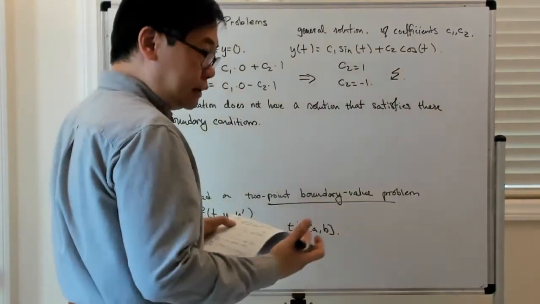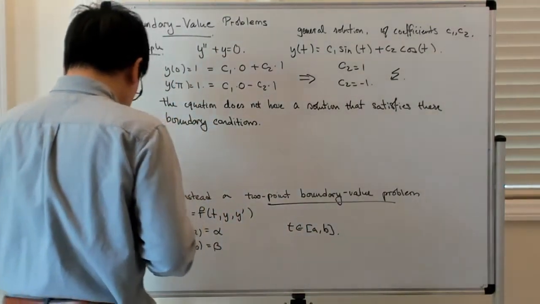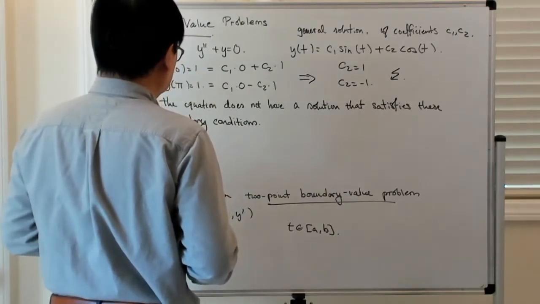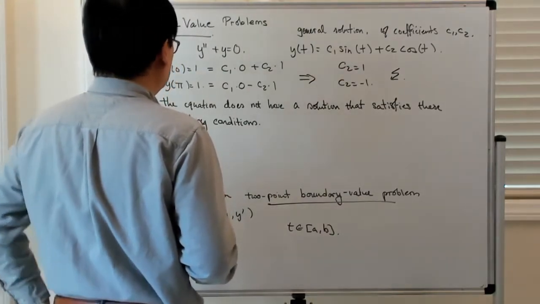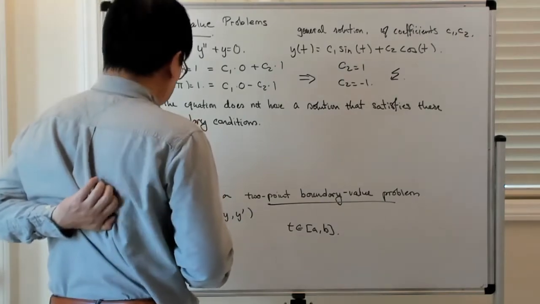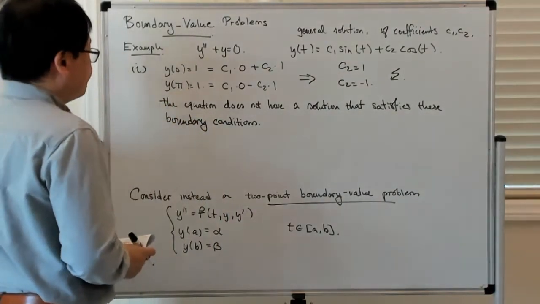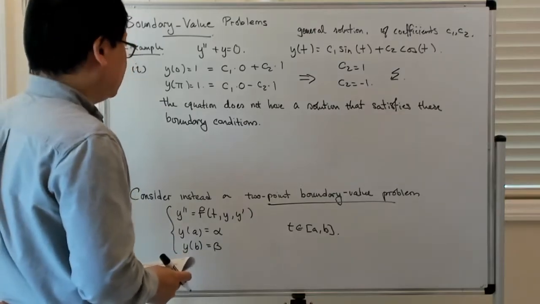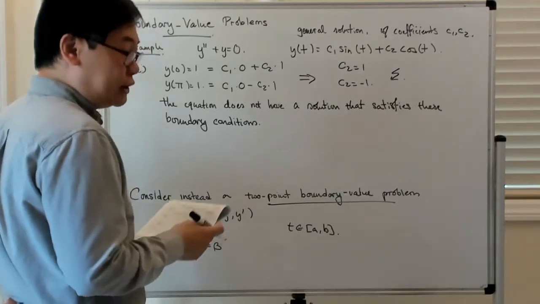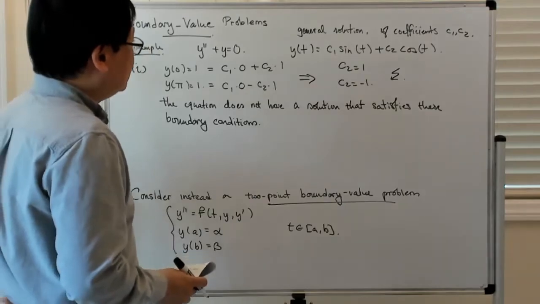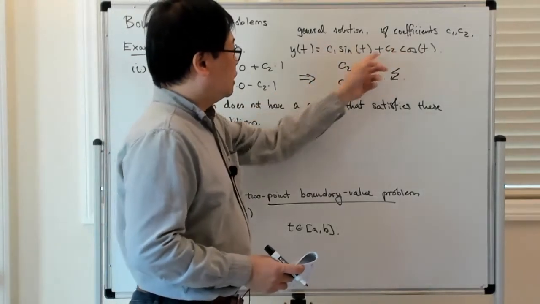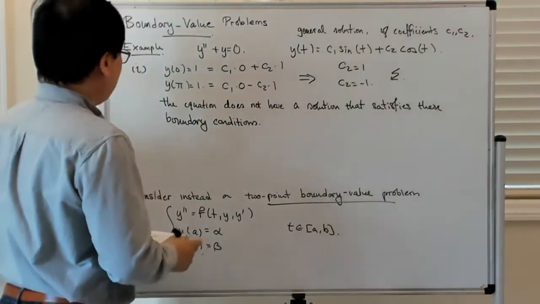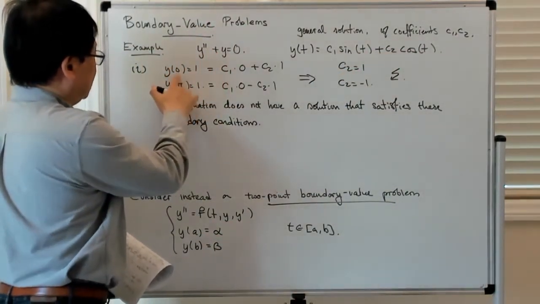Okay, so that's problematic. If you recall, the way you can study the solvability of initial conditions and boundary conditions was to evaluate the basis for the general solution at the data.